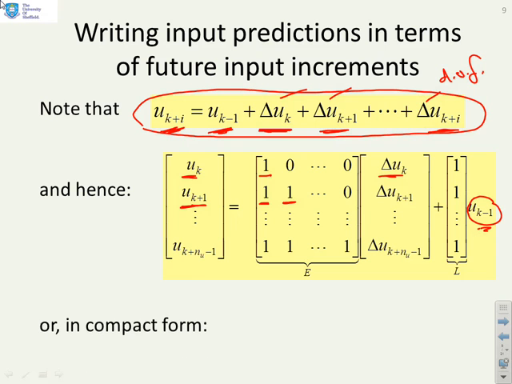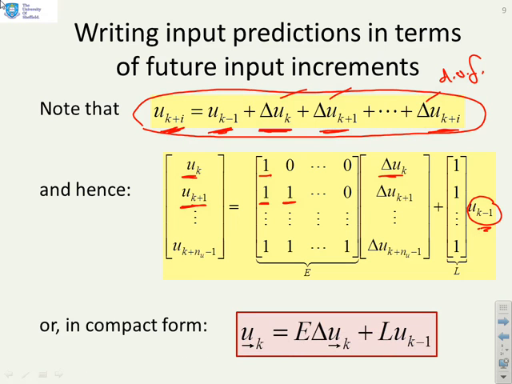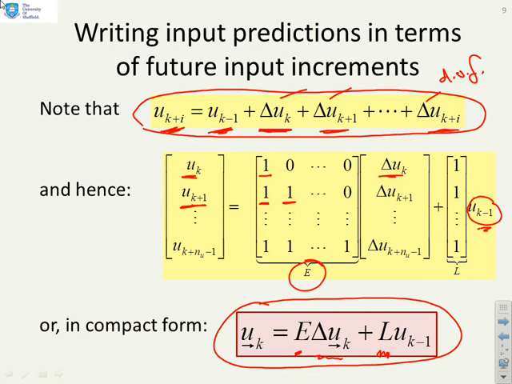And so I'm going to end up with this simple expression here, that the future values of u are given by this matrix E times the future values of the increments plus this L matrix times u_{k-1}. And you'll see E is defined here and L is defined here.